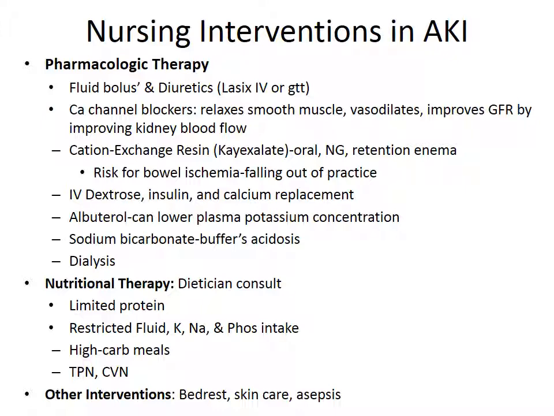If the patient is unable to eat for any reason, then total parenteral nutrition is started, often in the form of central venous nutrition or peripheral venous nutrition. Remembering that central venous nutrition offers an option for more calories as the concentration of dextrose in the solution can be run centrally. Other interventions for the patient in acute kidney injury include bed rest, monitor their skin, and asepsis to prevent infection.